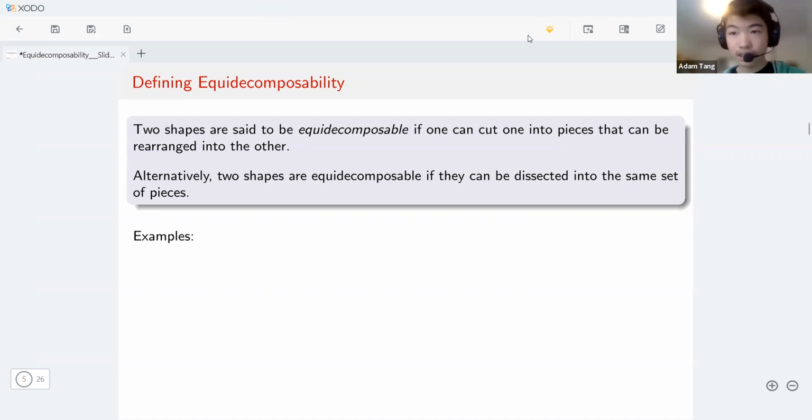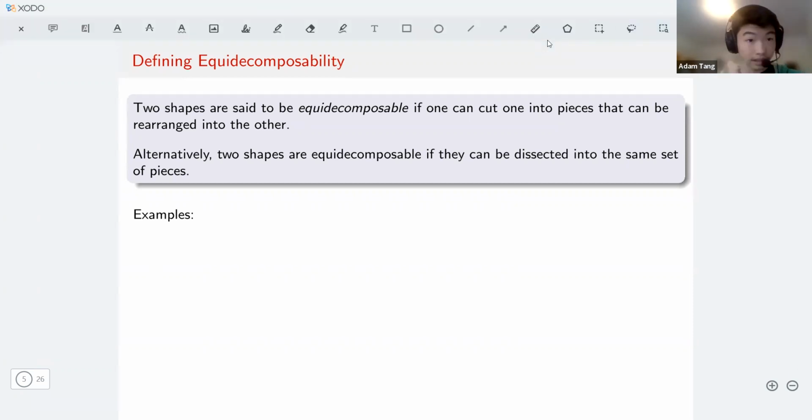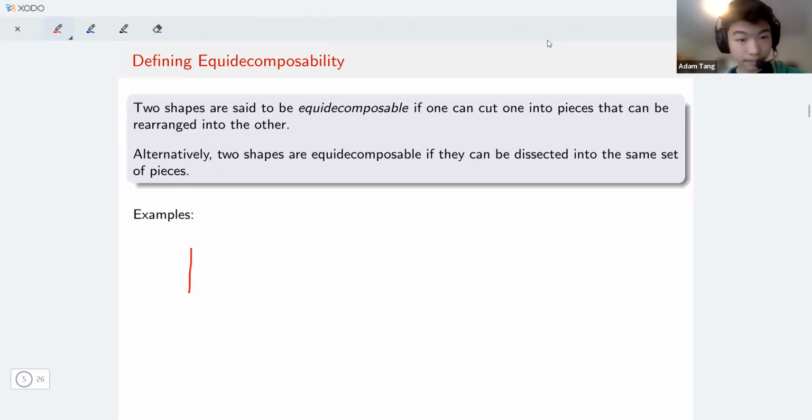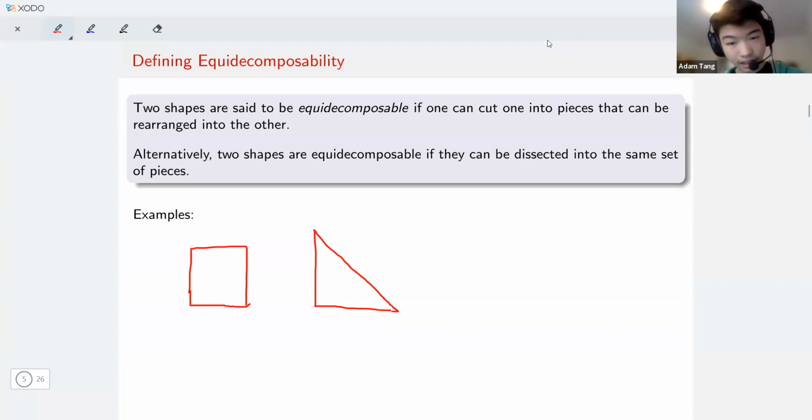Let's go through some examples just to make sure we know exactly what this word means. Here we have a square. It turns out this square is dissectable into this right isosceles triangle. And it's actually not very hard.